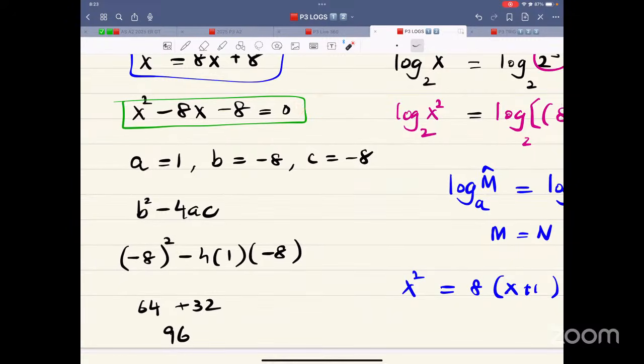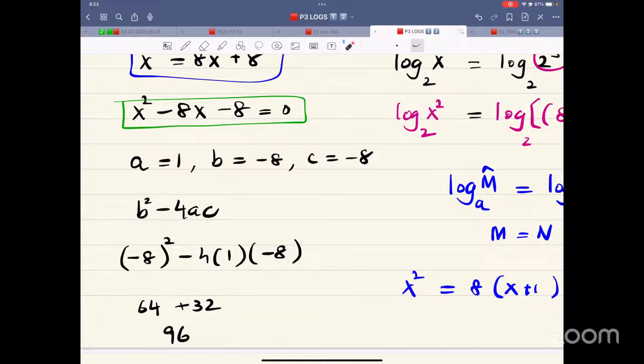And this is P3, so don't expect that everything will be factorized using middle term factorization. The quadratic formula has its own rule. So A is 1, B is -8, C is -8. That's the way I do it. I first evaluate b squared minus 4ac so that I know it is a positive value.